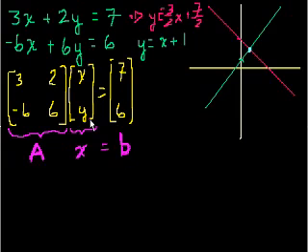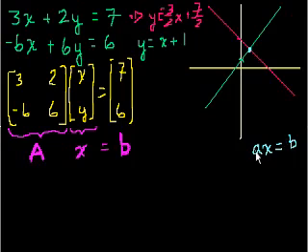So what does that do for us? Well, what happens if we knew A inverse? Well, actually, let me take a step back. If these were numbers, what would we do? If I just gave you an algebra equation, ax is equal to b, how do you solve that? Well, you would divide both sides of this equation by a, right?